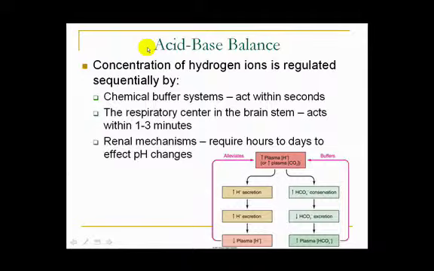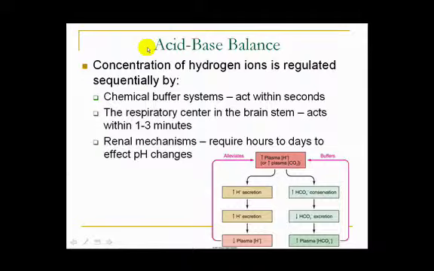You can increase your ventilation rate to get rid of carbon dioxide and therefore cause your blood to shift from acidic to more basic, or the other way around. If you're in alkalosis, you can decrease ventilation rate, and that's going to kick in within a minute or so. And then the other way you can regulate acids and bases is through the renal mechanism, or your kidneys.